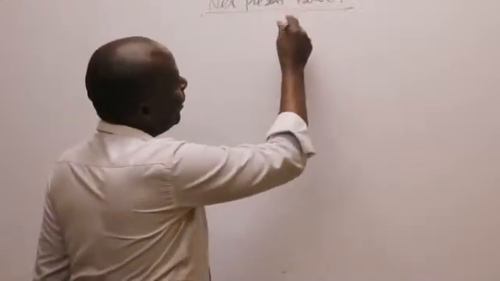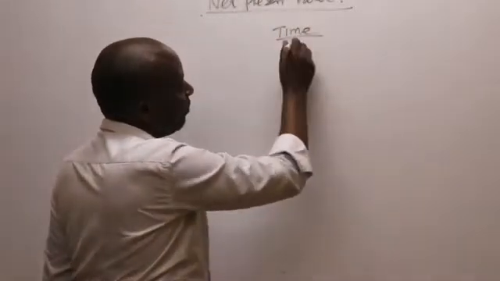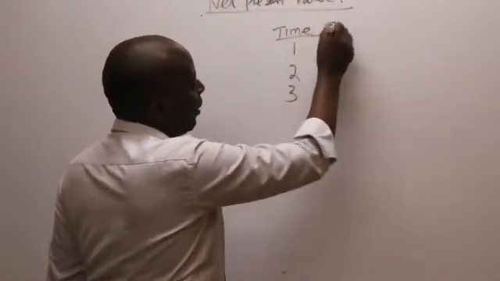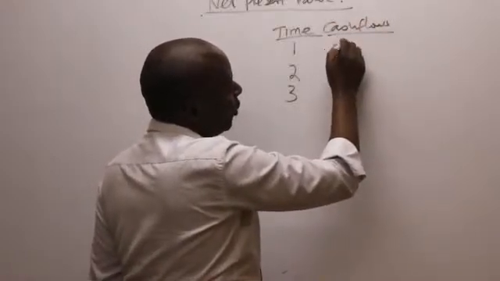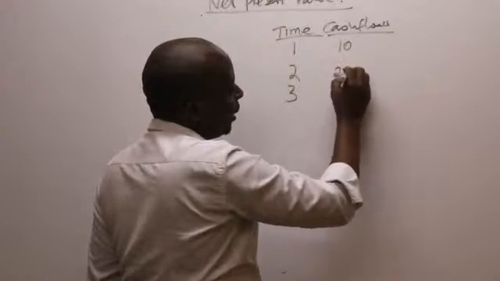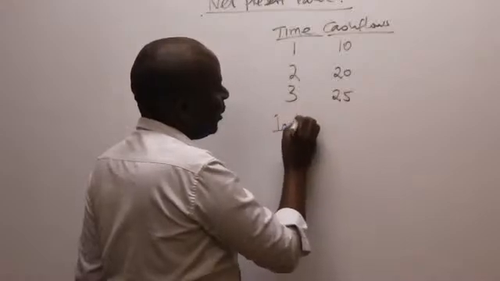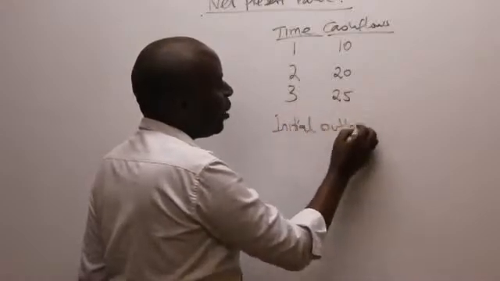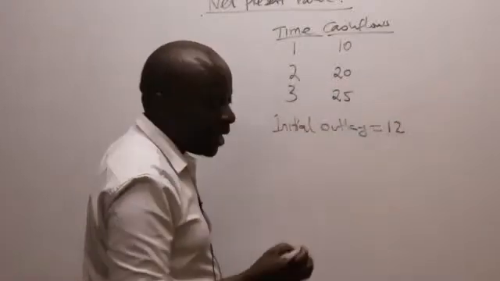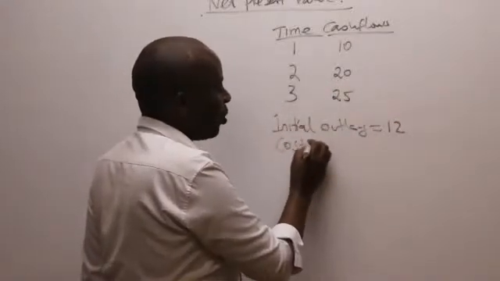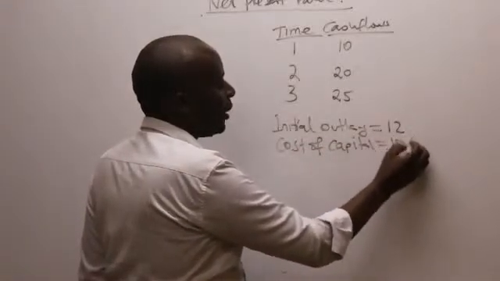Assuming somebody, ladies and gentlemen, makes this promise to you. He tells you that if you invest in some projects, so we have 1, 2, 3, we have here our cash flows. Year 1, you're going to get 10, year 2, you'll be getting 20, year 3, you'll be getting 25, and then the initial outlay is 12 shillings, and then the cost of capital is 10%.